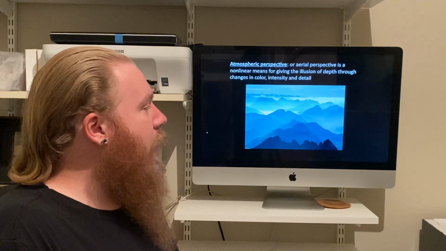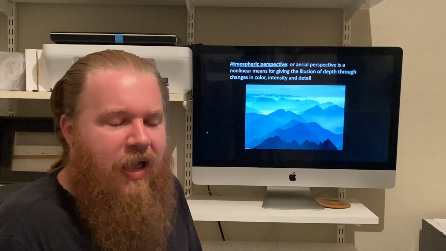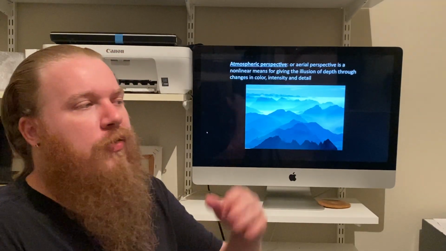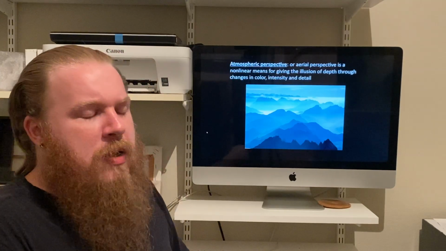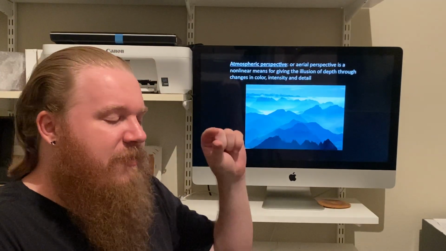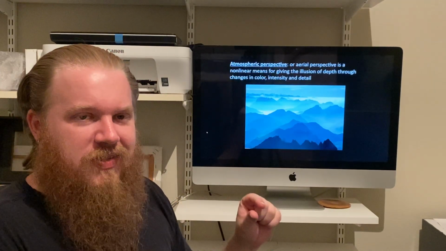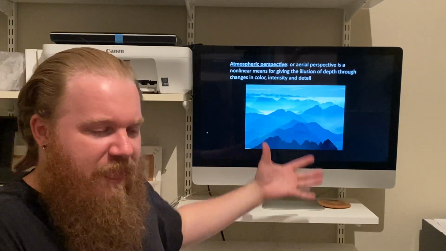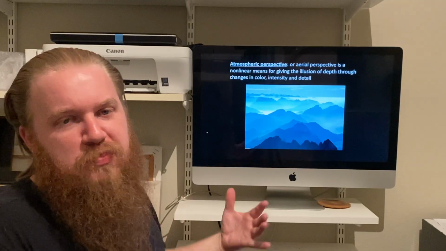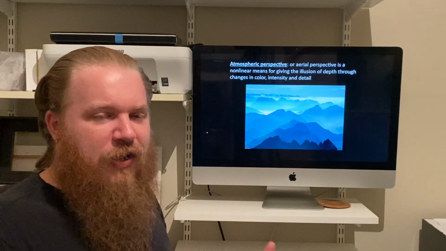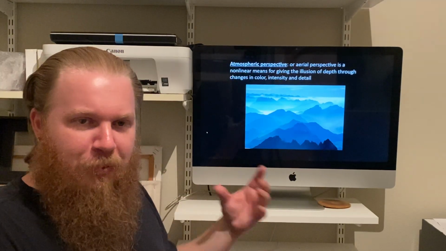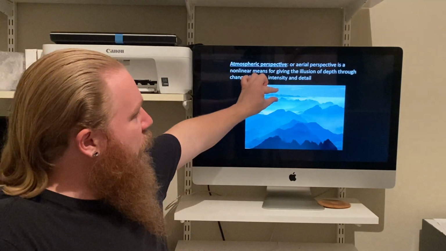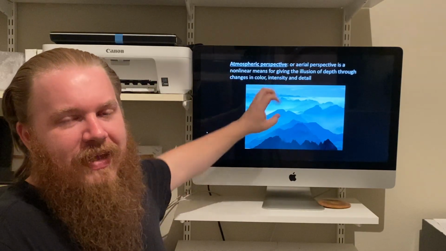So if we were to go out on a bright sunshiny day and look out at the horizon line, we could perhaps see downtown Fort Worth or downtown Dallas in the distance, but it's going to appear very tiny and very indistinct to us, and that's because of the atmosphere getting in between us and that. So we obviously know that those buildings are all very tall, very big. However, in our perception from a distance away, they're going to appear smaller and less distinct the further away they get from us.